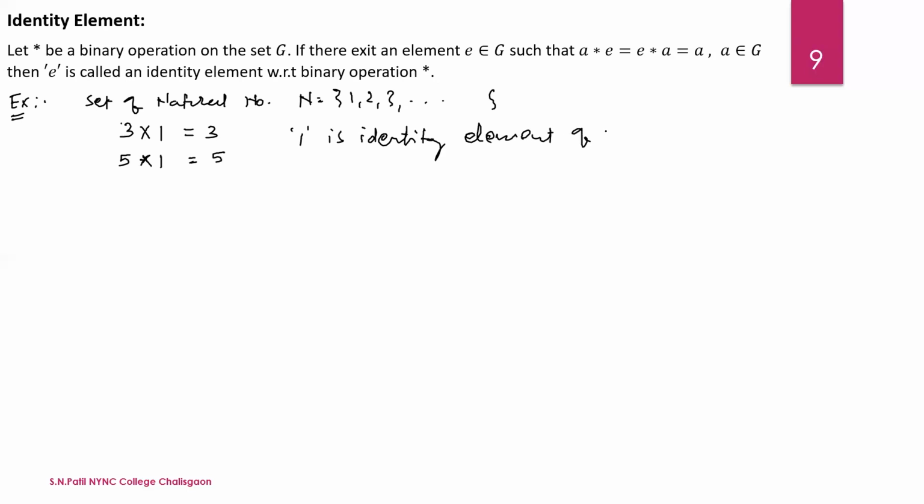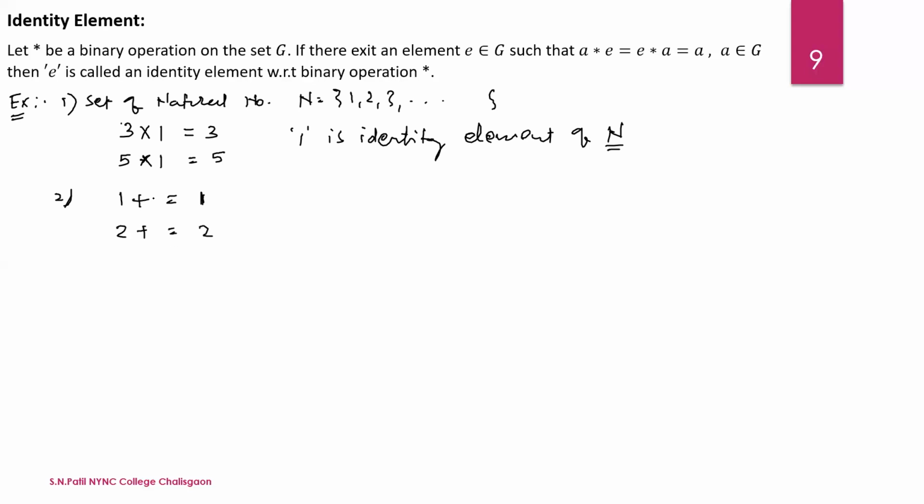Identity element of the set of natural numbers with respect to multiplication. Now what if the operation is addition? For additive identity, 1 plus something is equal to 1, so we want 1 here; 2 plus something is equal to 2, so we want 2 here.